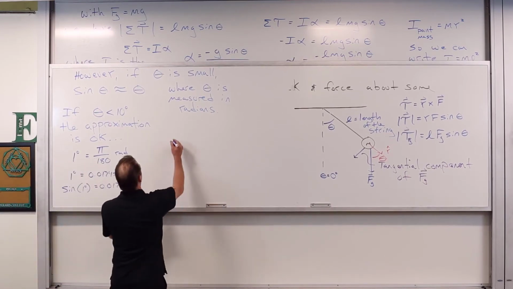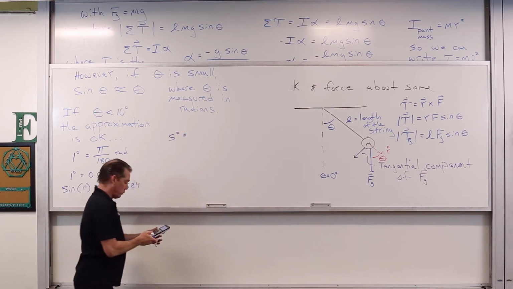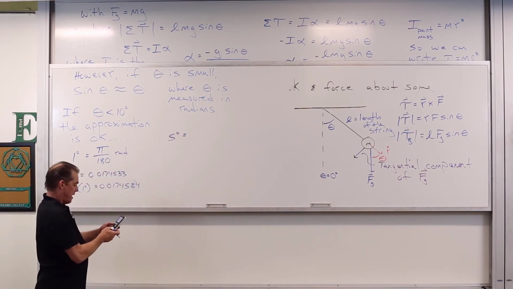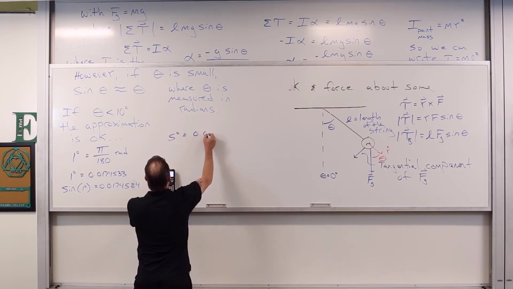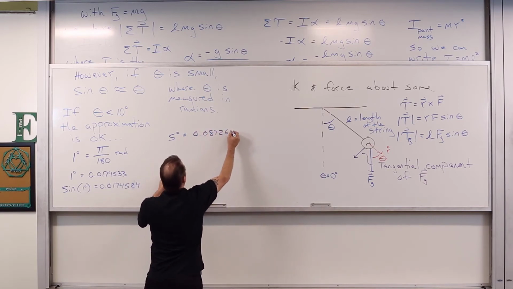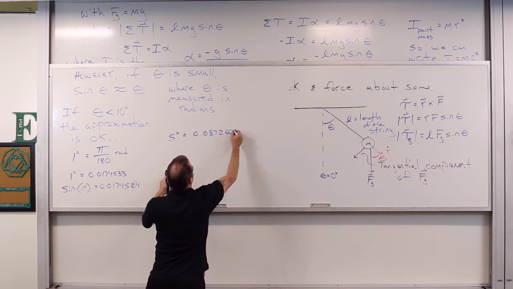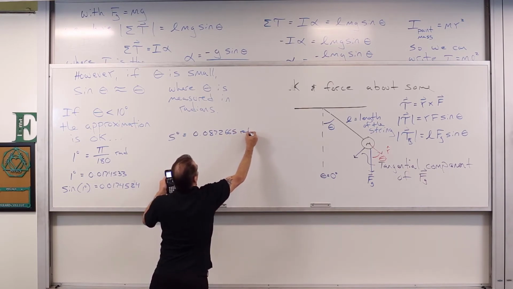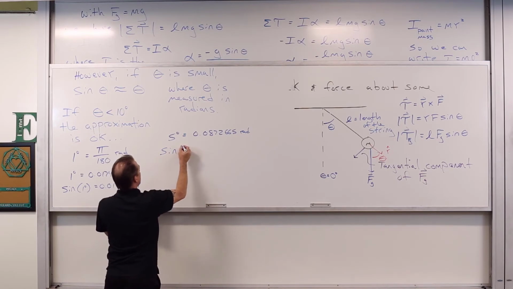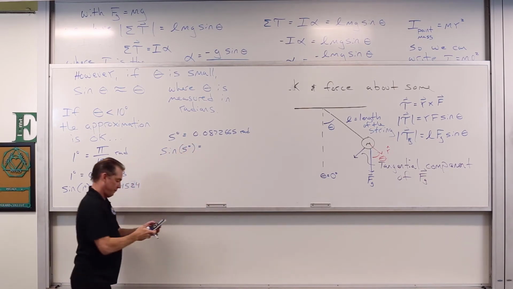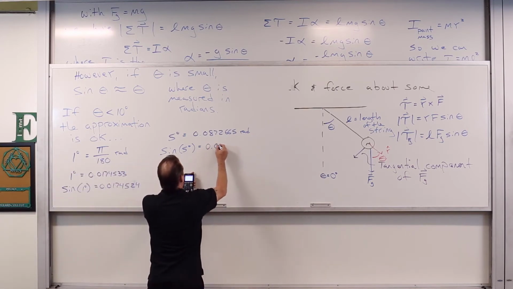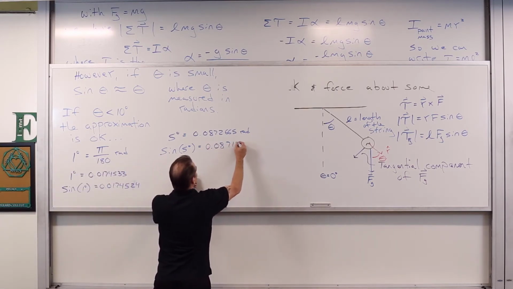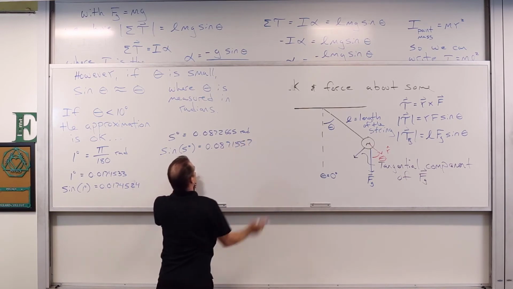Well, let's check 5 degrees. 5 degrees is equal to 5 pi divided by 180, which is 0.0872665 radians. Sine of that is equal to 0.0871557.